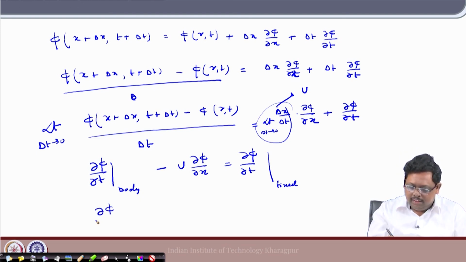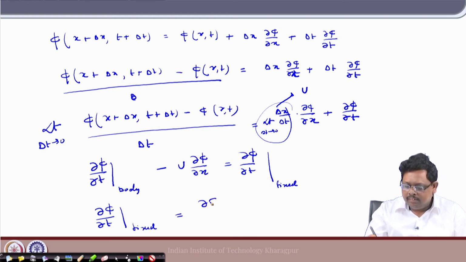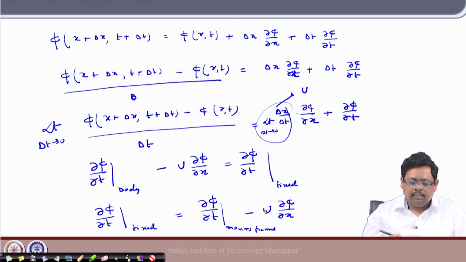So, whenever I write del phi del t for the fixed frame, it equals del phi del t on the moving frame minus u into del phi del x.